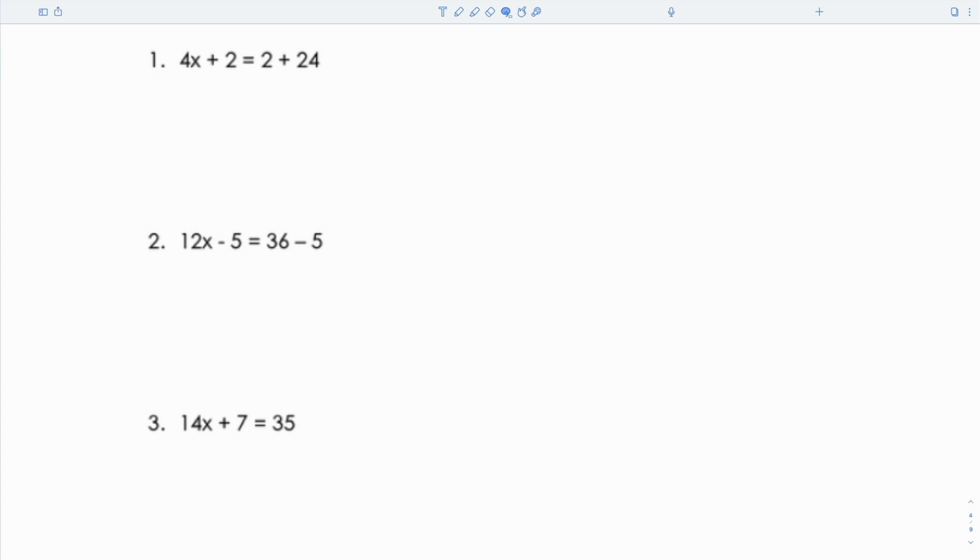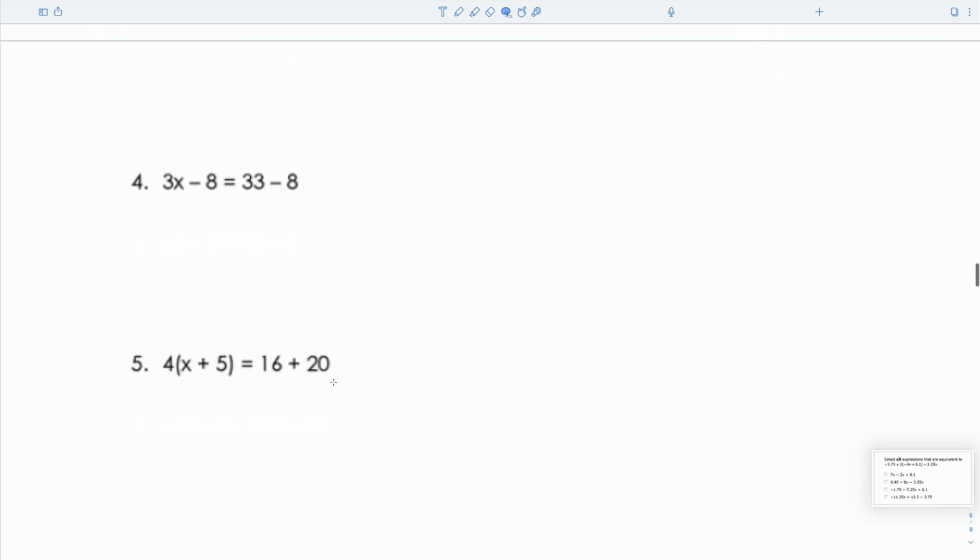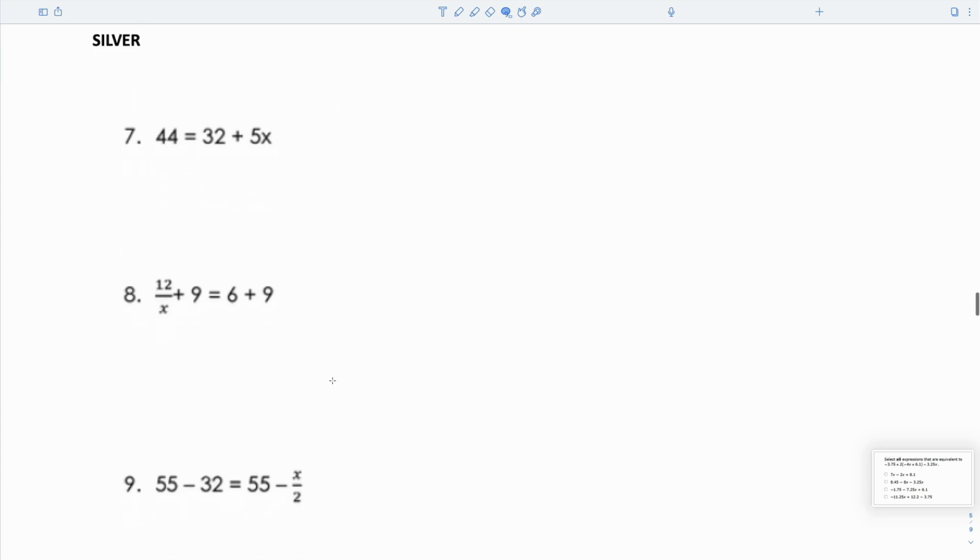Number 8, multiply everything by 12. No, I wouldn't do that for 8. I would multiply everything by x at first. The x has to be on the top, so you're gonna have to find x on the top first.